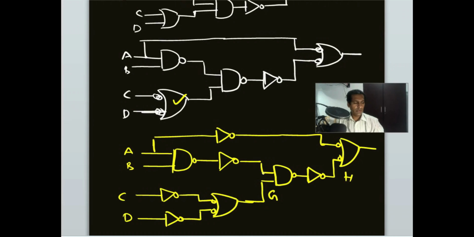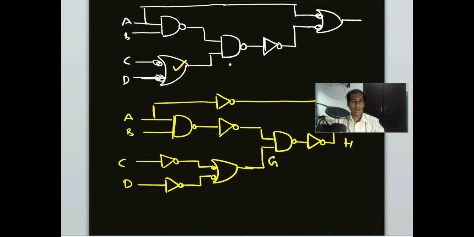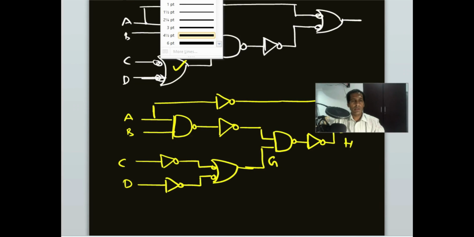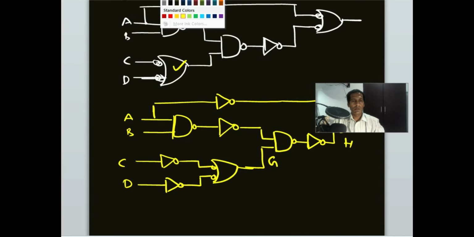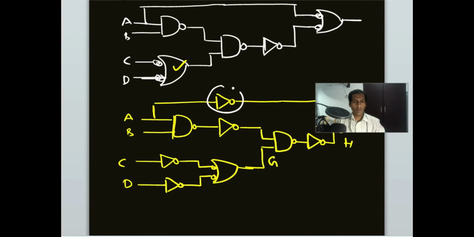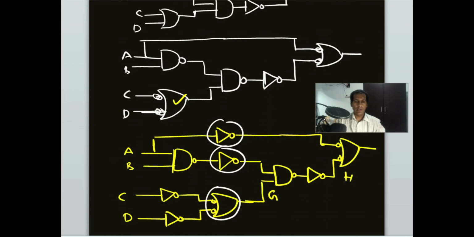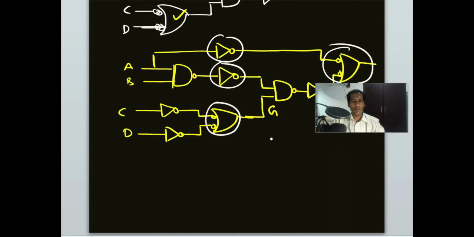Now the last stage is to replace all bubbled OR gates and NOT gates by NAND gates. Whatever is there other than the NAND gate, we will convert to NAND gate. So this will be a NAND gate, this will be a NAND gate, and this one also we will convert to a NAND gate, and redraw it.